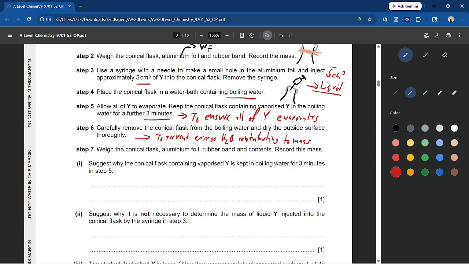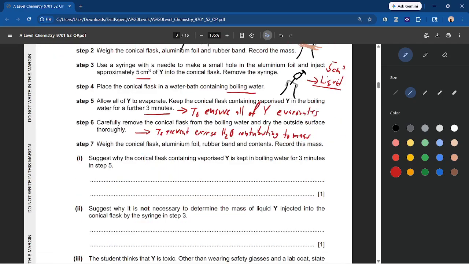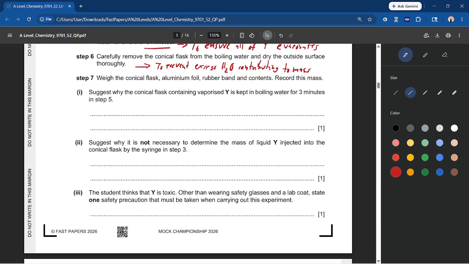Weigh the conical flask, aluminum foil, rubber band, and contents, and then record this mass. All right. So suggest why the conical flask containing vaporized Y is kept in boiling water for 3 minutes in step 5. So again, we've already mentioned that.